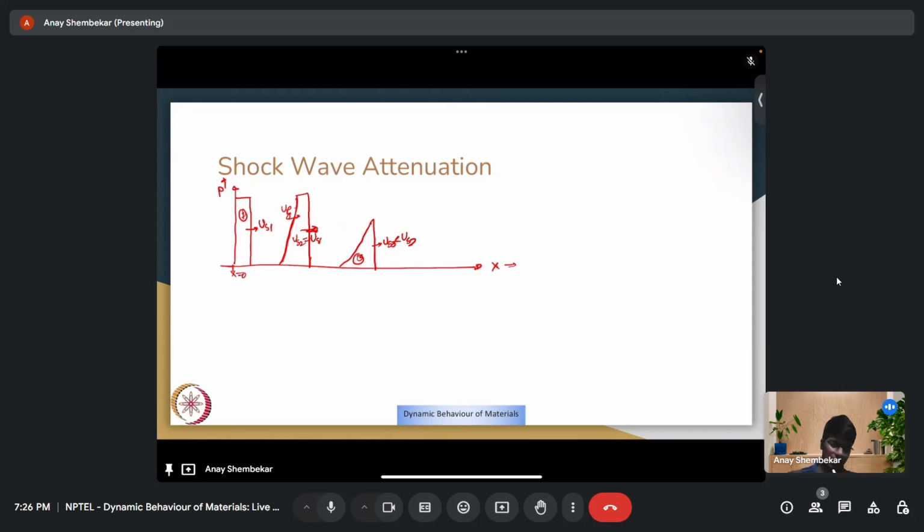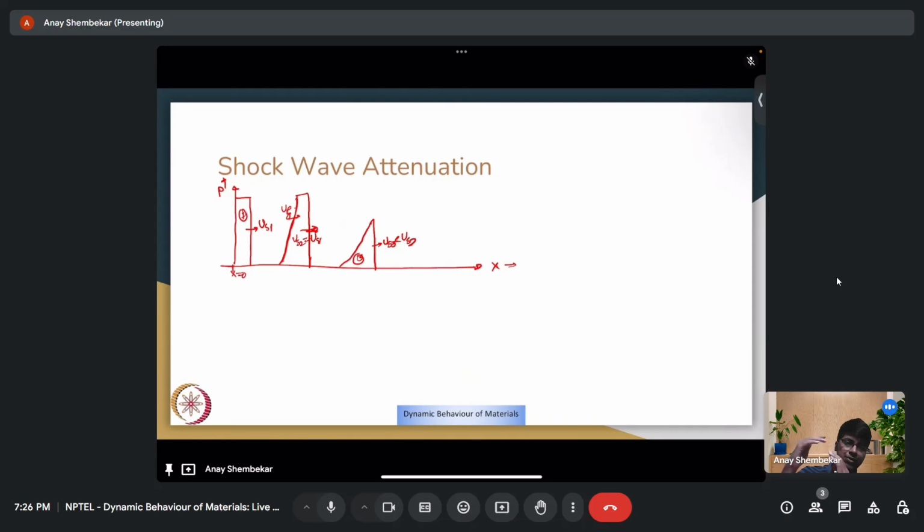As the release wave starts catching up, for lower pressures you will have the elastic component of the wave going on. So at higher pressures you have your shock wave component, and the release wave will move ahead with elastic wave velocity c naught.